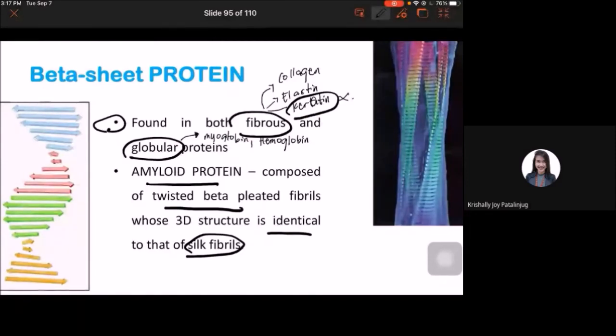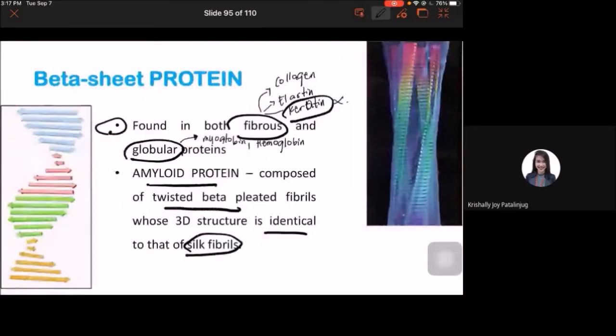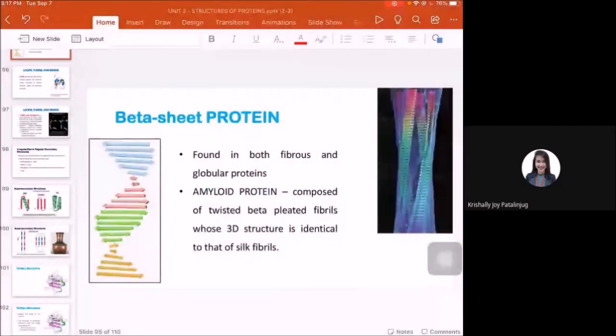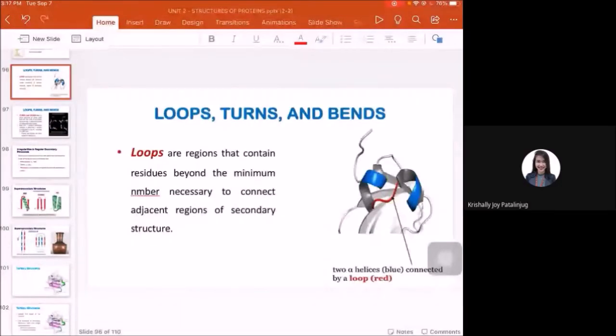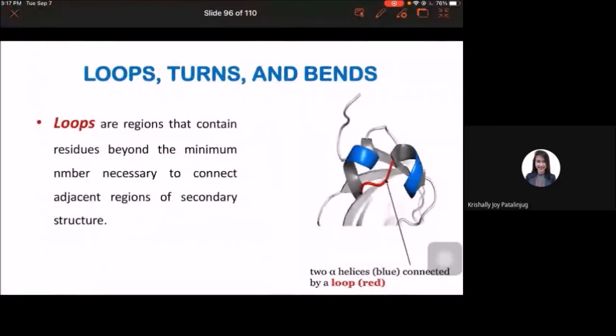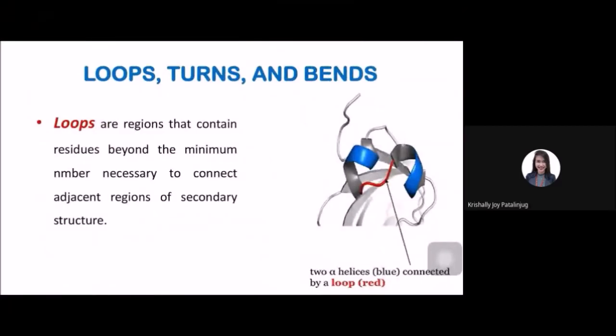Okay, so altogether, that ends our discussion on alpha helices and beta pleated sheets. Okay, so again, these two, alpha and beta pleated sheets, secondary structure po to sila. Sige.